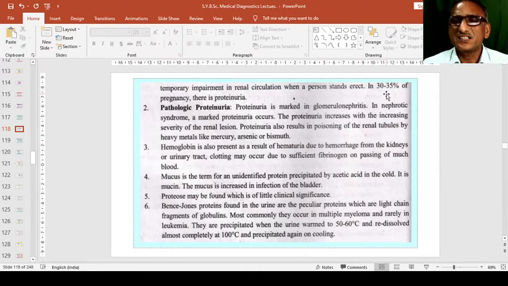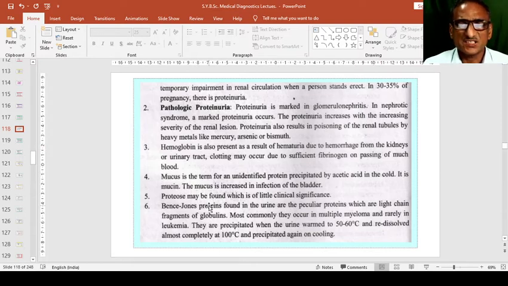In 30 to 35% of pregnancies, there is proteinuria. Pathologic proteinuria is marked in glomerulonephritis, or proteinuria also results from poisoning of the renal tubules by mercury or arsenic or bismuth. Hemoglobin is also present as a result of hematuria due to hemorrhage from the kidneys or urinary tract.